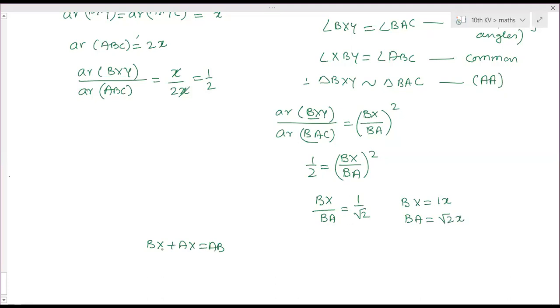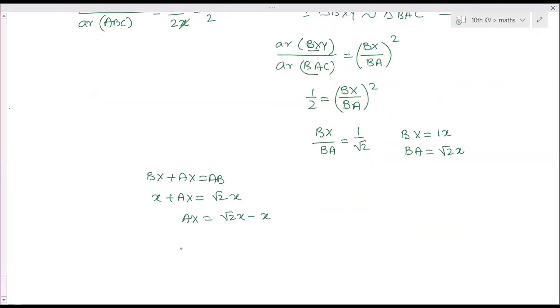Ratios. So substitute here. BX is x. AX we don't know. AB is root 2x. So what is AX? Root 2x minus x. So that means it is root 2 minus 1 into x. This is the AX value. Can we write like this?